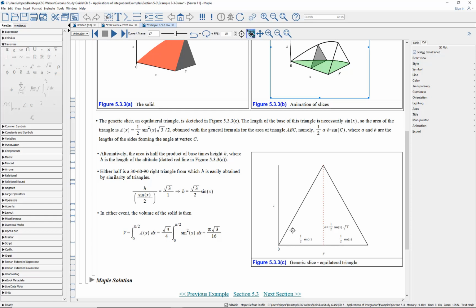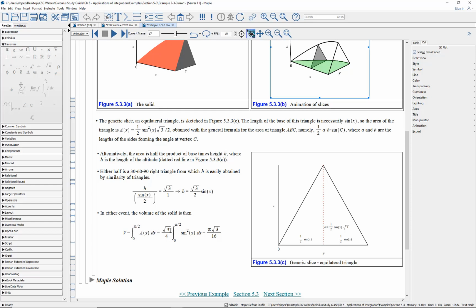That's a 60-degree angle. That will give you this expression for the area. Or you can do it the hard way, do similar triangles and figure out what the height of this equilateral triangle is using a 30, 60, 90 triangle. Either way, you end up with the expression for area.